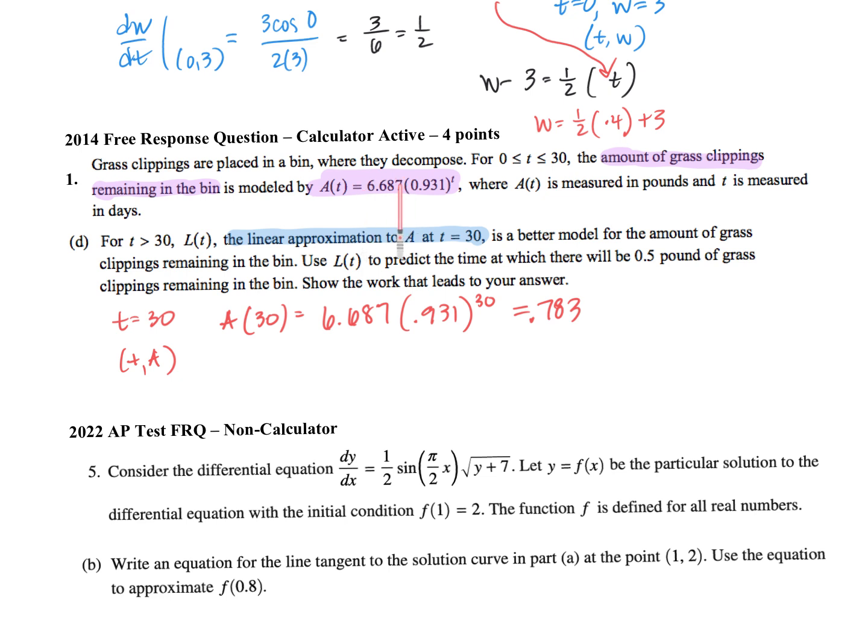Yeah, if there's my A, and that's not a rate, let's go do math 8 and say, excuse me, can you please find that derivative? 6.687 times 0.931 to the x, and then we're going to say, I want you to evaluate that derivative when x is 30. And we get negative 0.0559. A prime of 30 is negative 0.056, if I were to go 3 decimals.